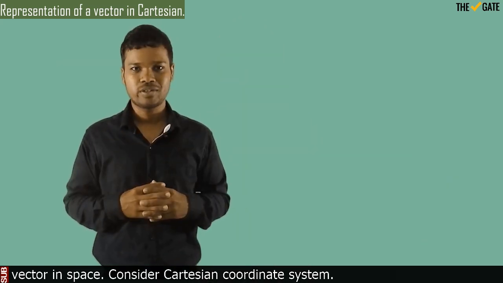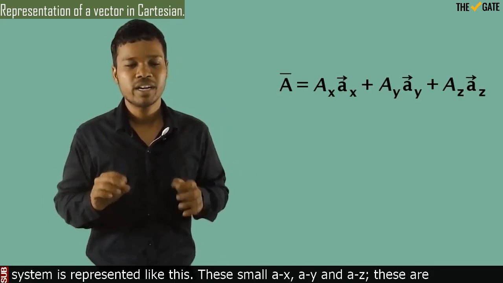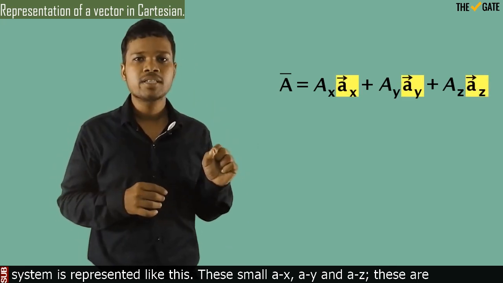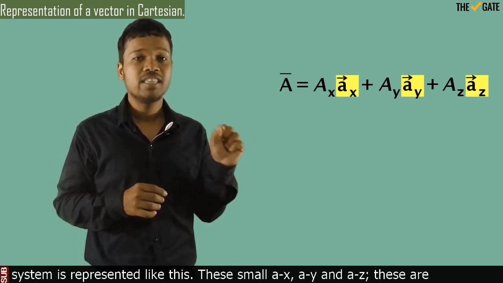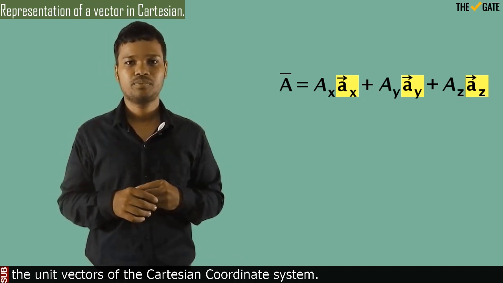Consider the Cartesian coordinate system. You might already know that any vector in the Cartesian coordinate system is represented like this. These small ax, ay and az are the unit vectors of the Cartesian coordinate system.